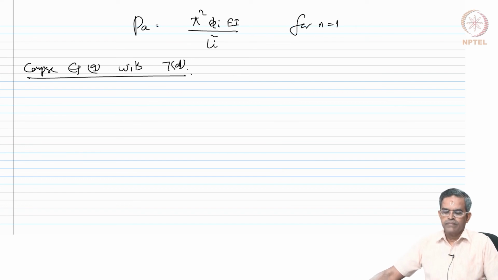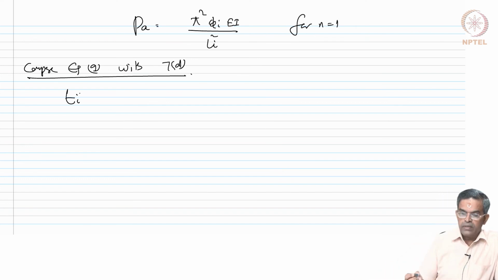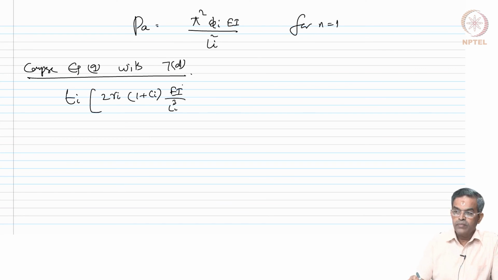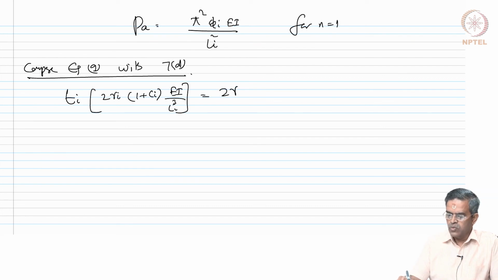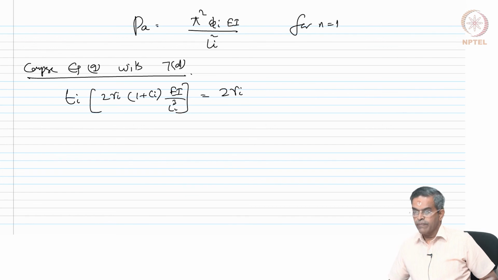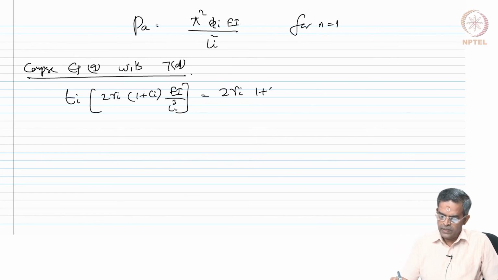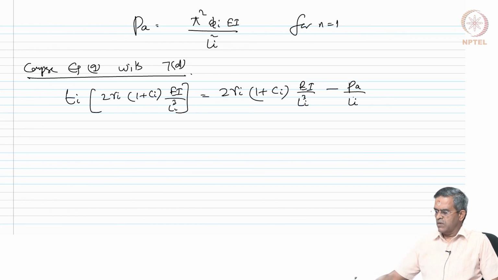Okay. So, I can now say Ti times of 2Ri 1 plus Ci Ei by Li cube is equal to 2Ri 1 plus Ci Ei by Li cube minus Pa by Li. This is what I am writing. Okay.